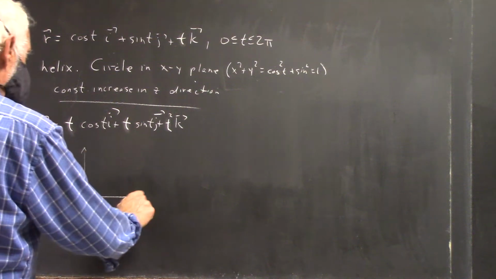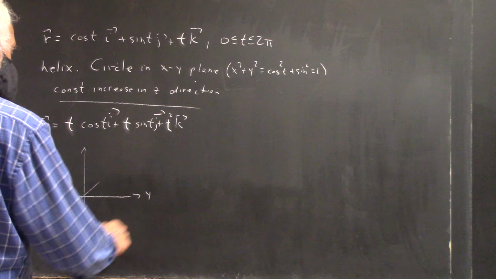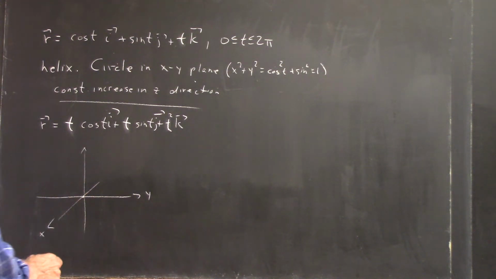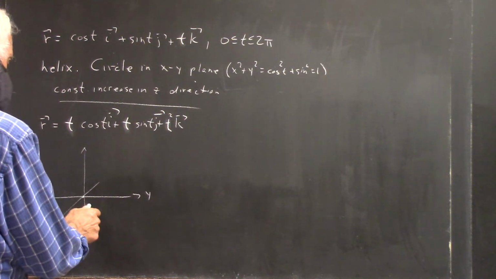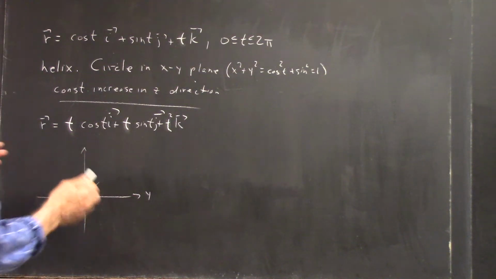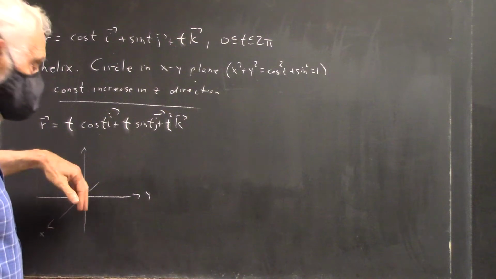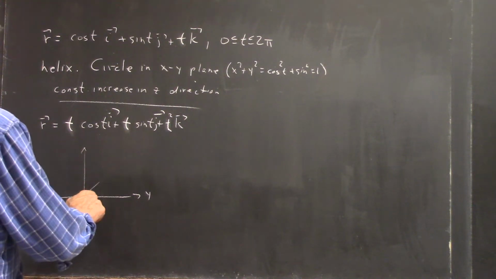So down here in the XY plane, you start at the origin. And then as t increases, it's like the angular position down in the plane increases along with t, and t's like your angle here.